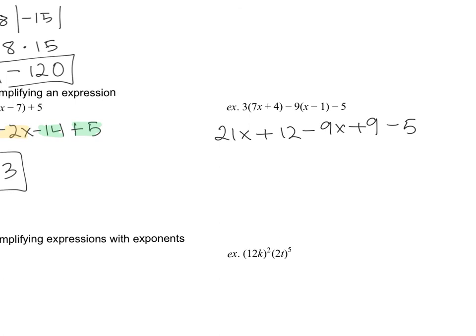So again, I'm going to combine like terms, 21x minus 9x, which is going to give us 12x. And then we have 12 plus 9 minus 5, which is going to give us 16.